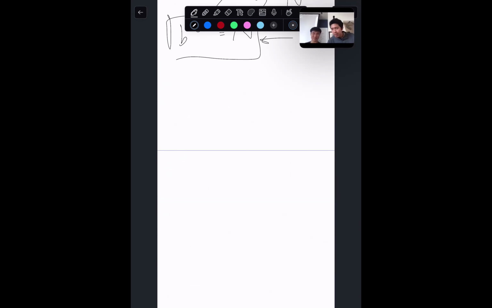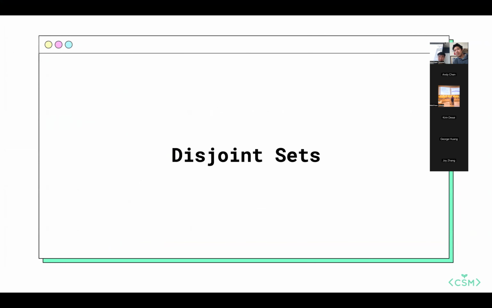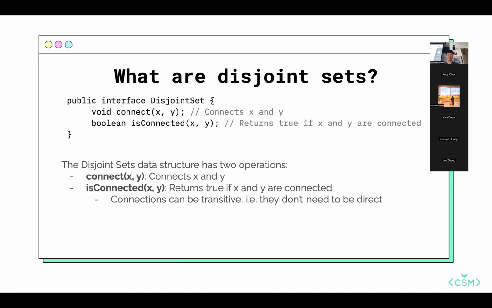Now switch between them. Do I just like, let's see.